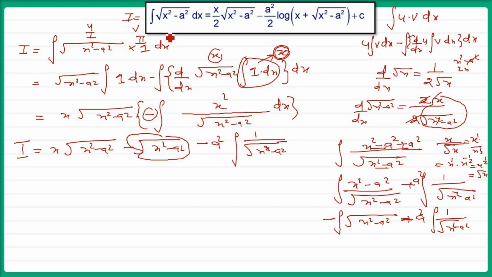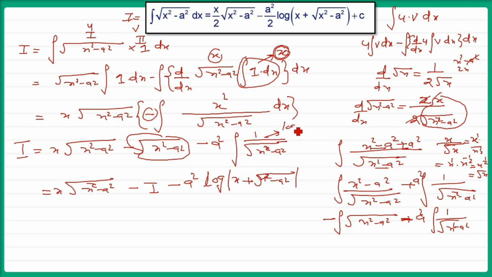So we can just replace the middle term by I, and this one, x under root x square minus a square, remains unchanged. And this is negative a square, but there is a direct result for integration of 1 by square root of x square minus a square. What is the result? I am writing the direct formula. It's log modulus of x plus under root x square minus a square.